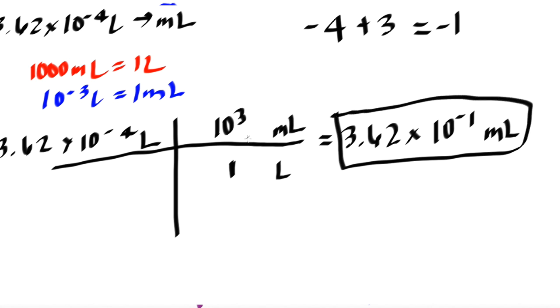If you do not care for doing this, just say 3.62 times 10 to the power of negative 4 times 1,000, and that's going to give you your answer. And also, just to make sure everything's clear, 10 to the third milliliters is equal to 1 liter. That's what I've written here. These two are the same. All right, so let's clear that up.